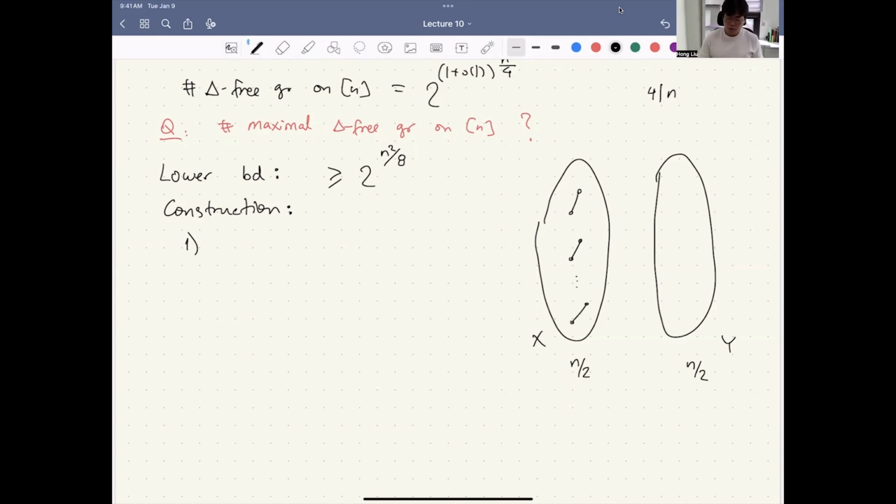Okay. So put the n/4 matching in X, a perfect one. And we're going to leave Y independent.